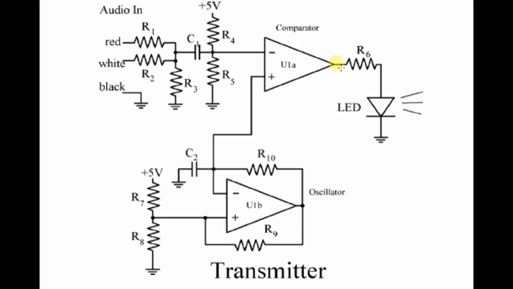This output will then be a digital signal of plus and minus 5 volts, the power supply voltage, through this LED to transmit the infrared signal.